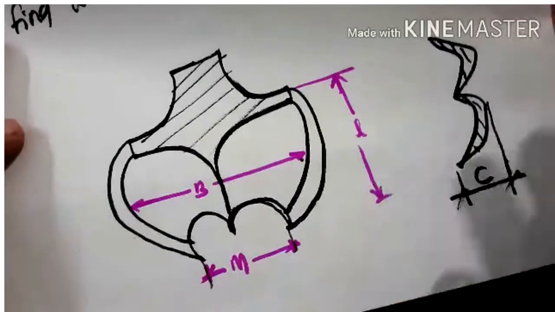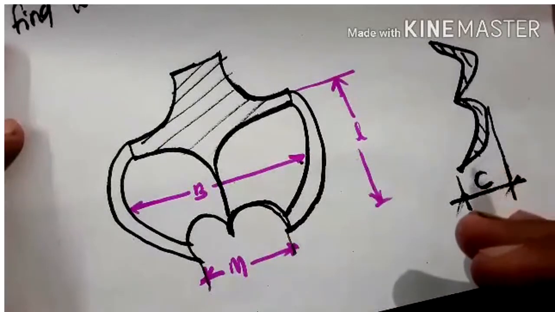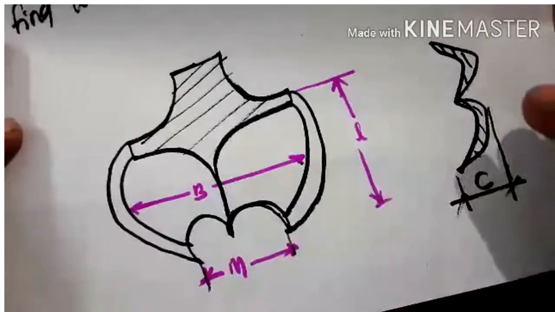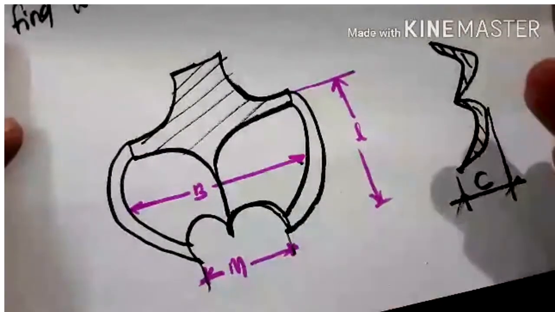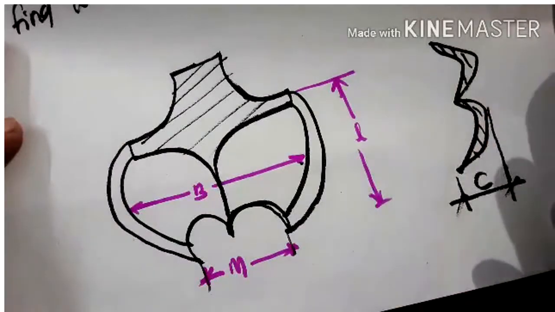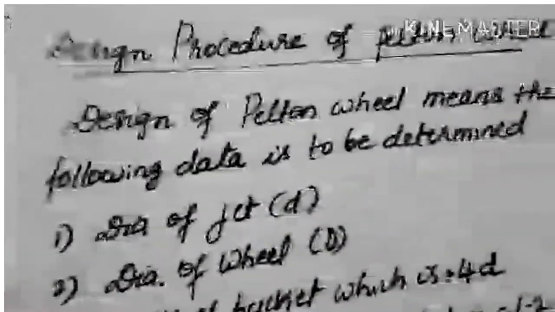Okay. So next we'll take one numerical problem and we'll try to understand whatever procedure we have discussed so far. You can easily understand the procedure I have discussed if we solve one numerical problem. Okay. So try to understand this design procedure.